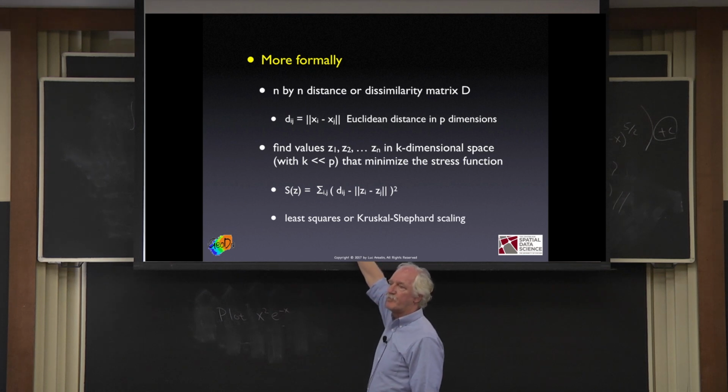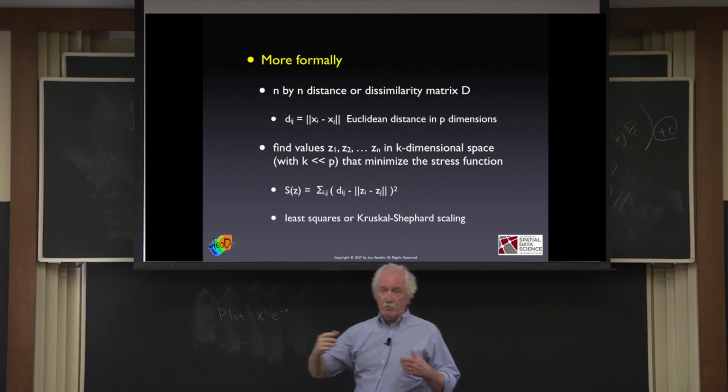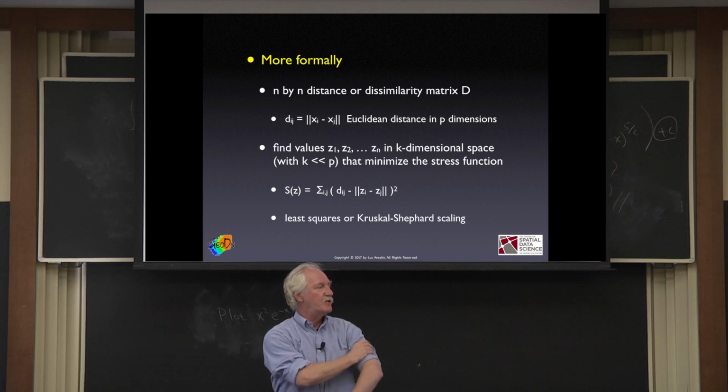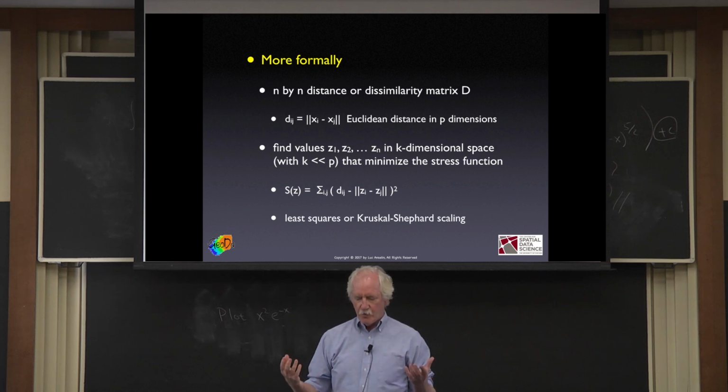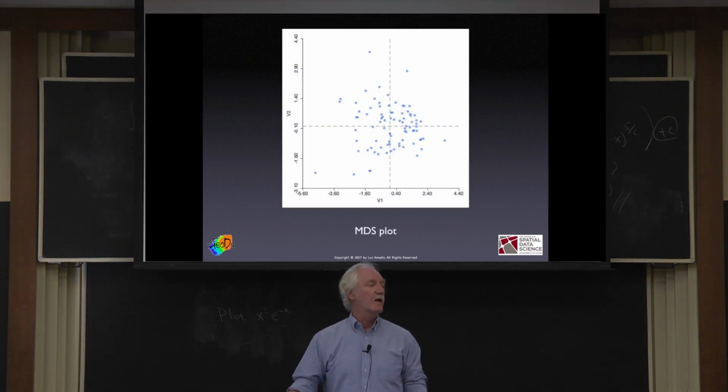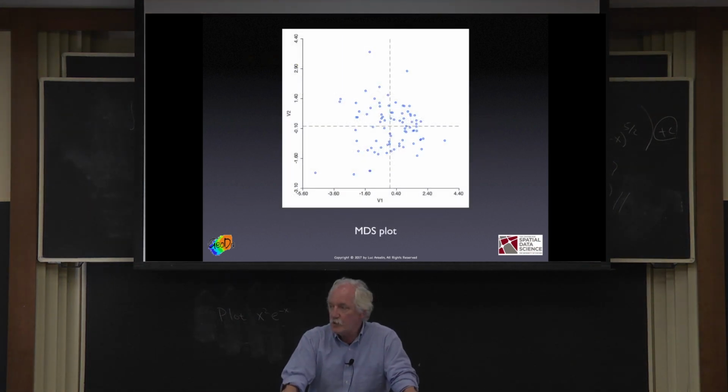And this problem is to minimize the discrepancy between this distance measure, which is from p dimensions, and this distance measure, which is from 2 dimensions. Right? And so this is a nonlinear optimization problem, and the result of this is a set of coordinates in 2 dimensions. So this is called a multidimensional scaling plot. These V1 and V2 are the solutions to that optimization problem, right?